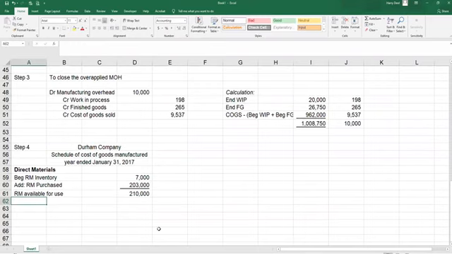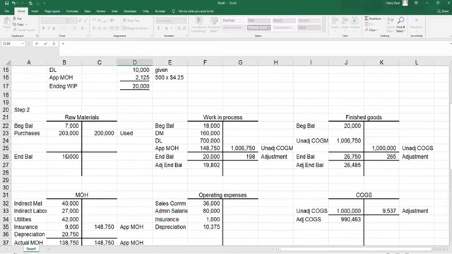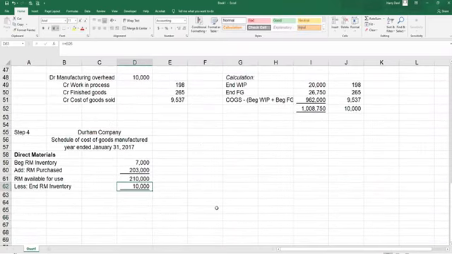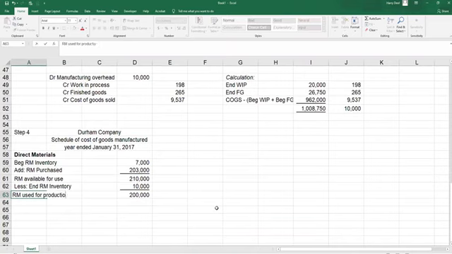From the 210,000, subtract the ending raw materials inventory. The ending raw materials inventory was $10,000. So that works out to 210,000 minus 10,000, raw materials used for production in total, 200,000.